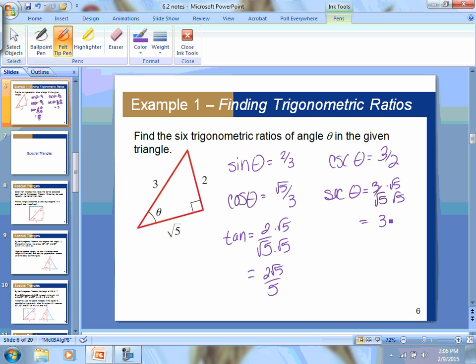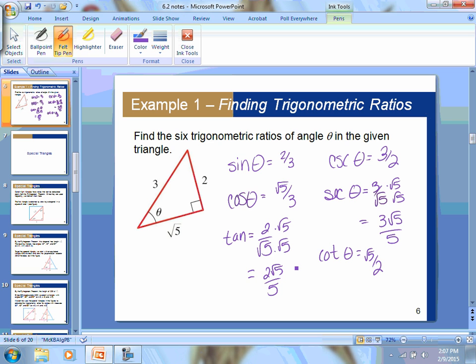So that will be 3 square root 5 over 5. And then we'll have cotangent, which is the inverse of tangent. So I would go back to my original ratio, where I had 2 over the square root of 5, and I would just flip that, so we have the square root of 5 over 2. That saves you time from having to flip your final answer and then rationalize again.